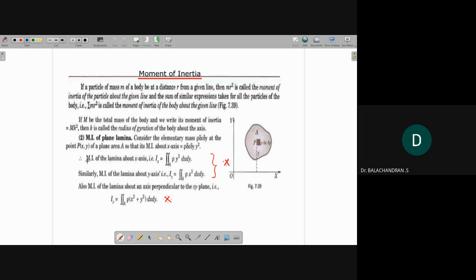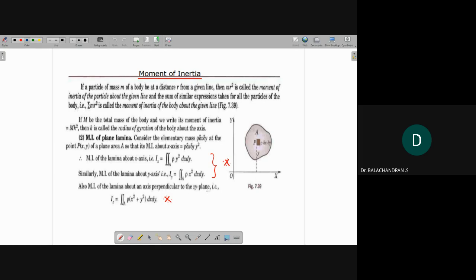From this we have the moment of inertia of the lamina about x-axis, Ix, equal to double integral over A rho y square dx dy. Similarly, moment of inertia of the lamina about y-axis, Iy, equal to double integral over A rho x square dx dy.